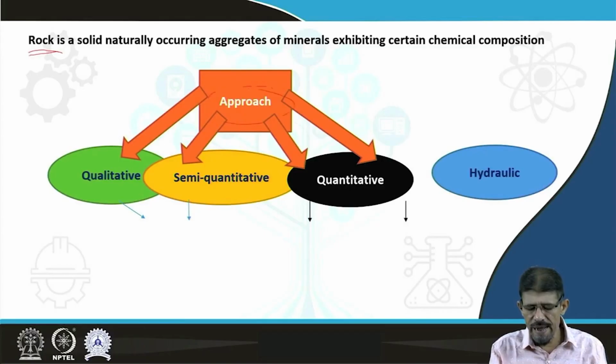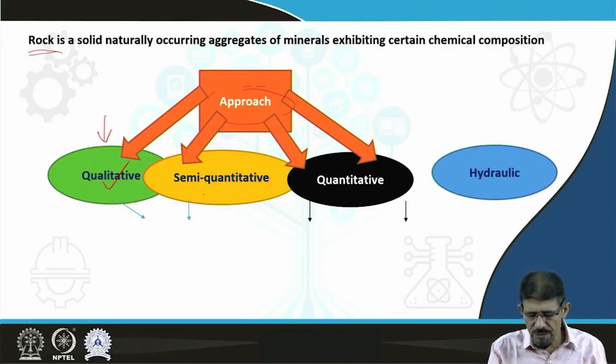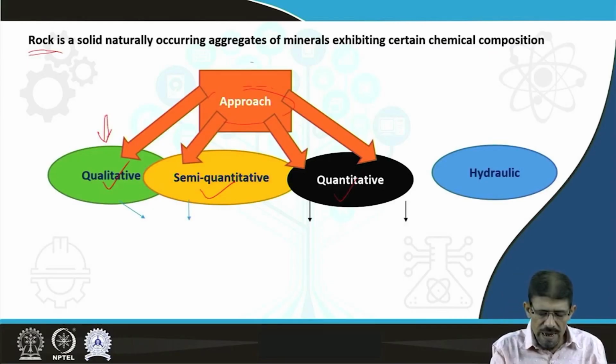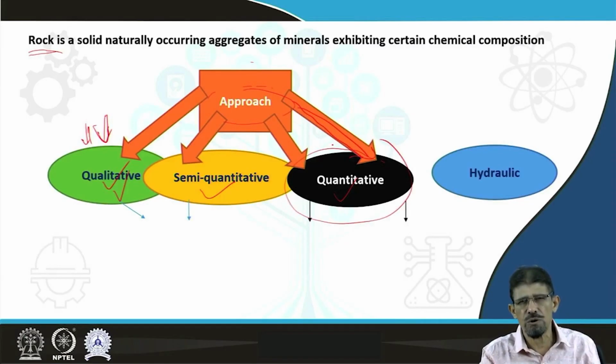For categorization of rock strata we have a qualitative approach, a semi-quantitative approach, and a quantitative approach. Earlier it was limited to qualitative, and now we are trying to quantify things through the quantitative approach.